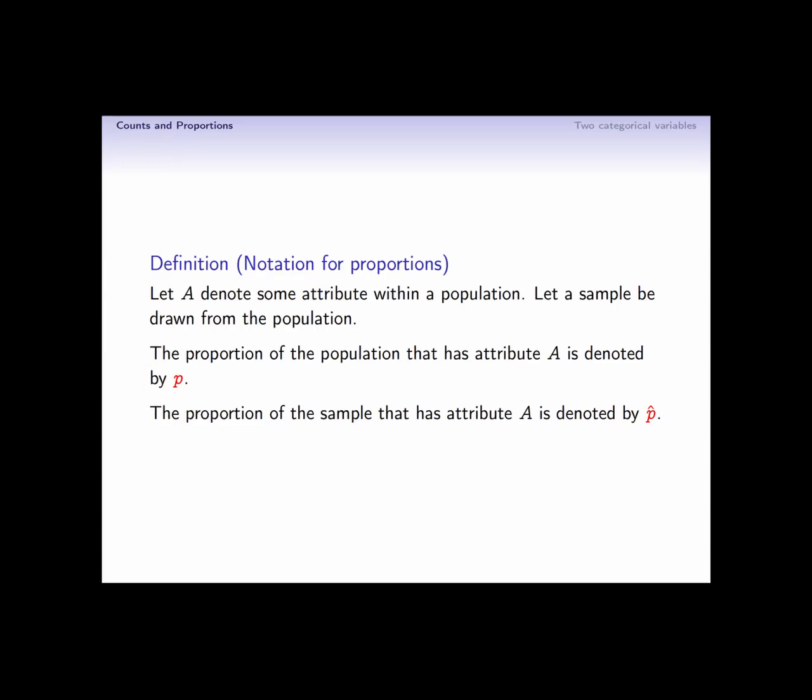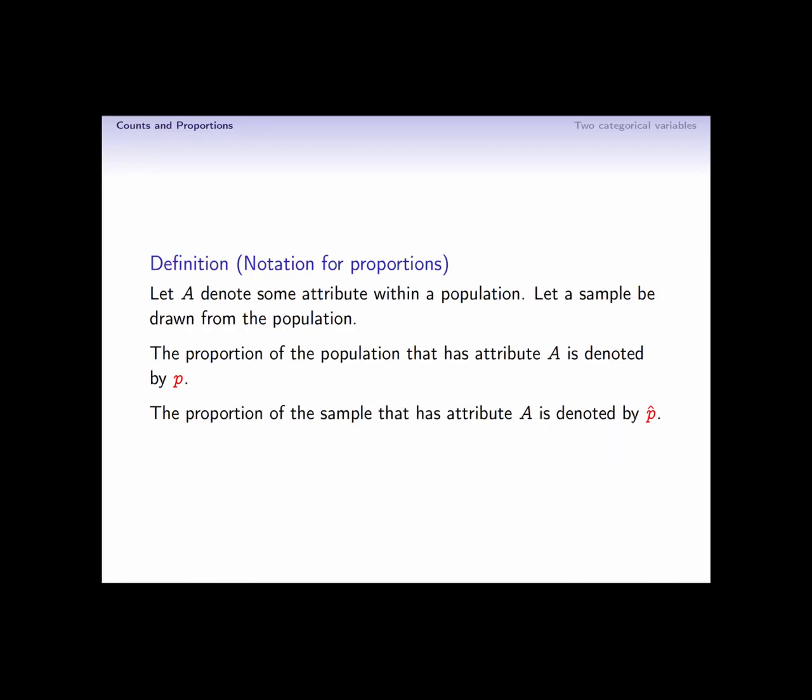But as we know, those populations can be large and it can be hard to survey an entire population. And so what we do is we grab a sample from the population, we set it aside, we query the sample, and we develop P hat. We get a proportion of attribute A within the sample. And then we use inferential statistics, and we hope that the value of P hat is very close to the value of P, so we can use P hat to estimate the value of P.